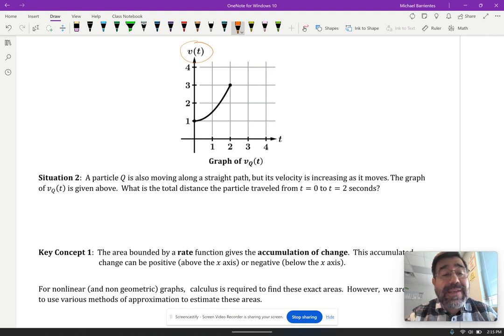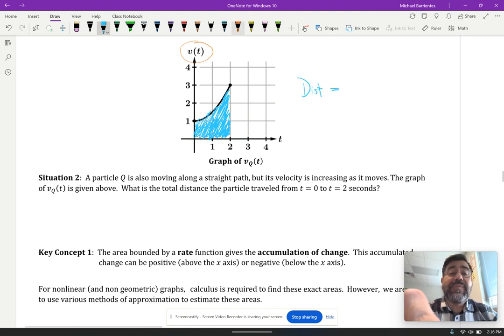Well, when I look at this, if I try to do the same thing and find the area under the curve, I run into an issue because I don't have a nice geometric shape whose area I can figure out, right? This now has a curvy side. But the idea is still the same, which is to find the distance, we multiply v of t times time.